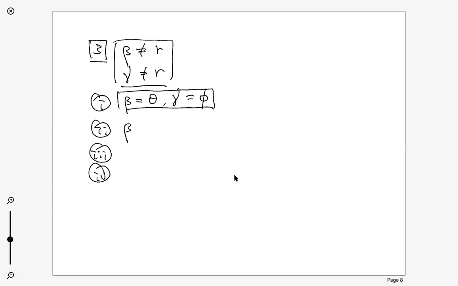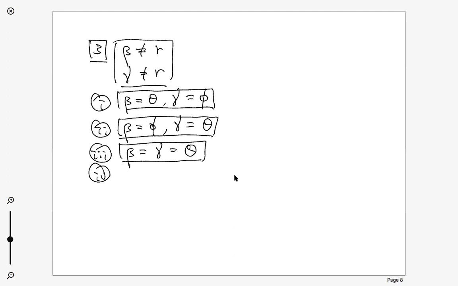Beta equal to phi, gamma equal to theta. This first two cases mean that both beta and gamma are not r, but they are different from each other as well. One of them is theta and one of them is phi. But for case 3 and case 4 here, they are actually equal, whether both of them are theta or whether both of them are phi.